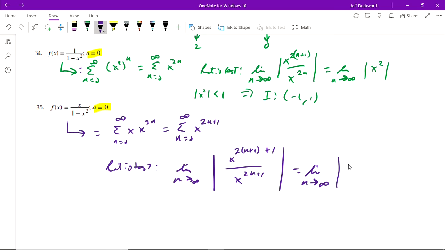And that gives us, let's look, 2n plus 3 over 2n plus 1, or x to those values. So then we come down and that equals, when we subtract, we have x squared again, it looks like.